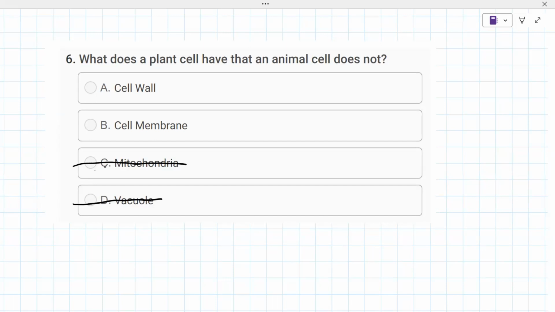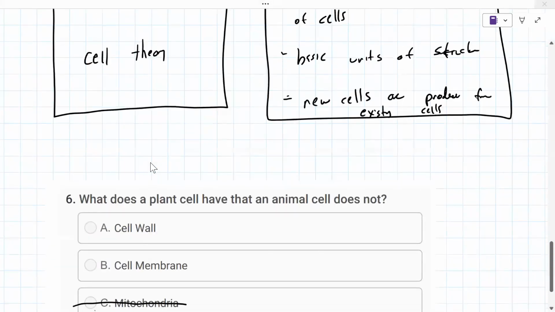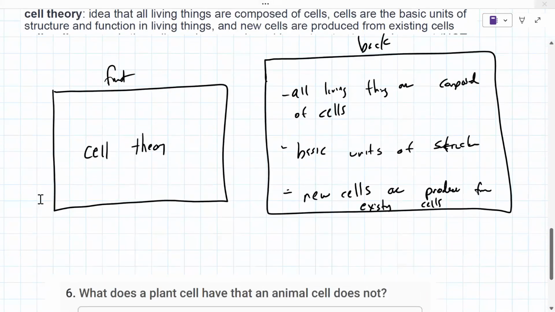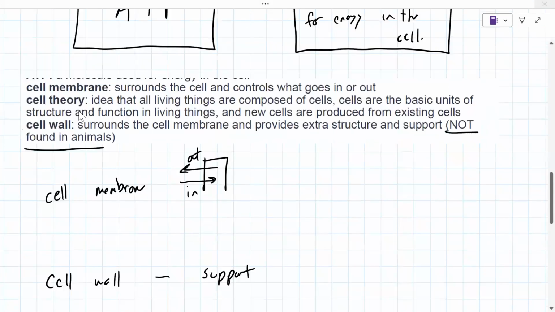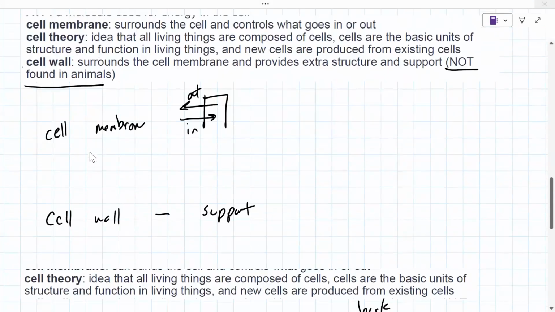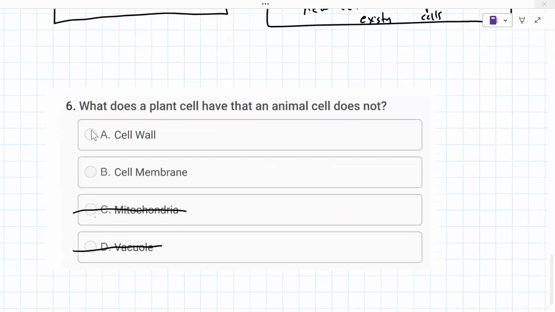Which one do you think it is? And if you need to, look at your notes there. Cell wall. All right, let's take a look here. A cell wall is not found in animals. Perfect. That is correct. Very good.